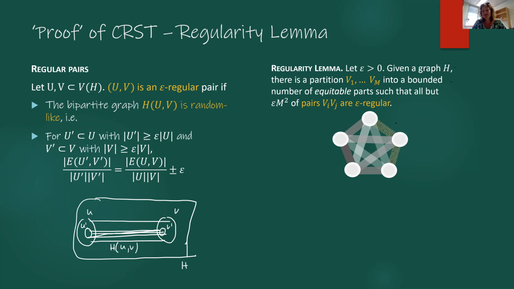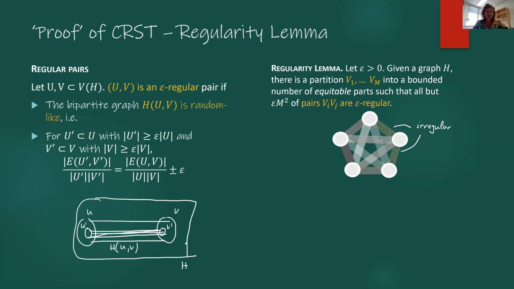And in this picture, these two I drew as irregular pairs. So they're somehow exceptions. We have at most an epsilon proportion of those. And all the other pairs here are regular. And the shade of gray kind of indicates the density.